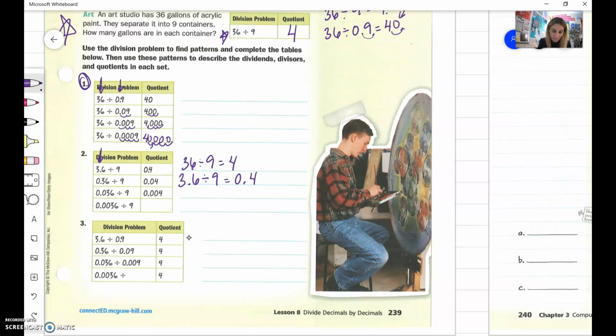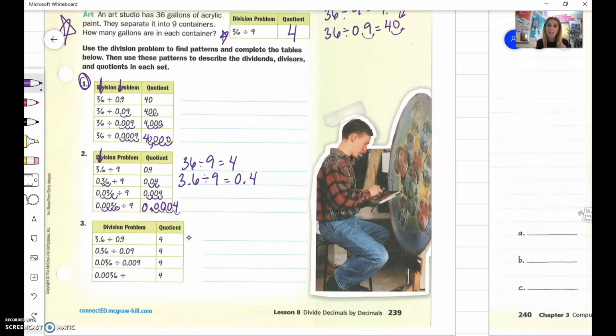So that means I have 4, and I'm going to move it over, 1, 2, and then 1, 2, 3 to the left. So this one is going to be 0.0004, because 1, 2, 3, 4. There we go.